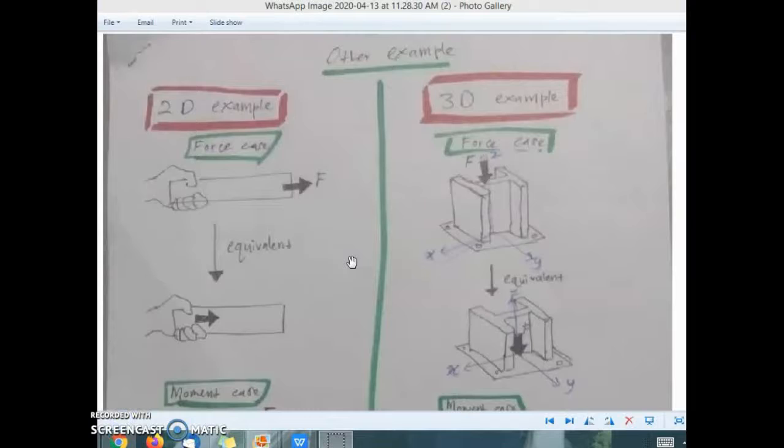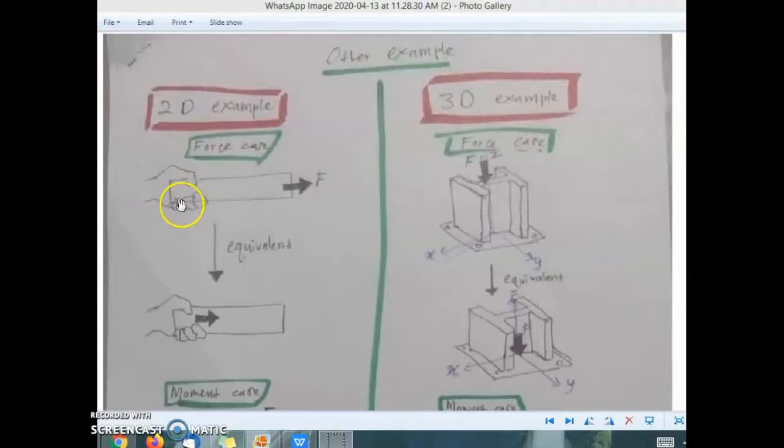Okay, now let's look at some other examples. How we represent the force and moment system with the equivalent system for a rigid body, in case of 2-dimensional and 3-dimensional models. Let's look at the 2-dimensional example first.